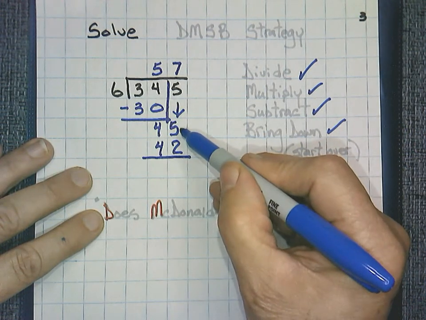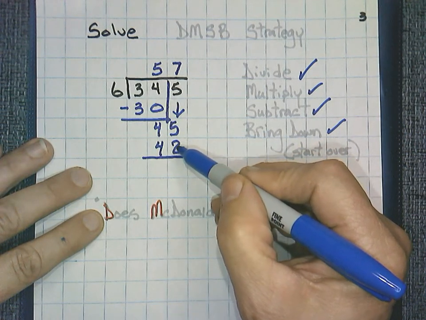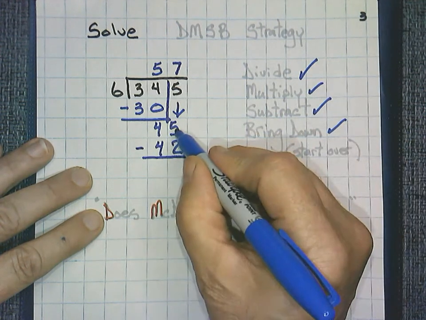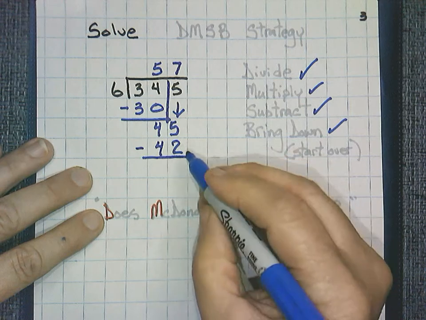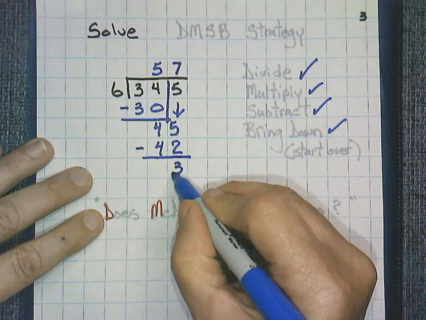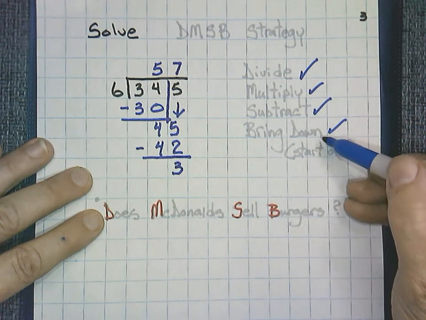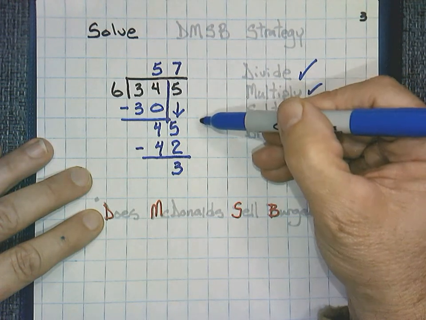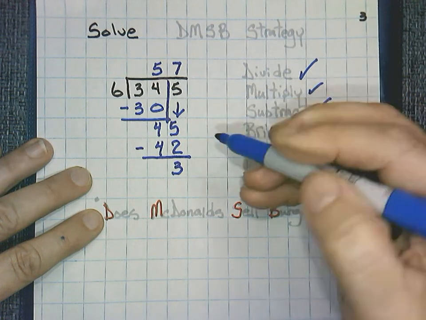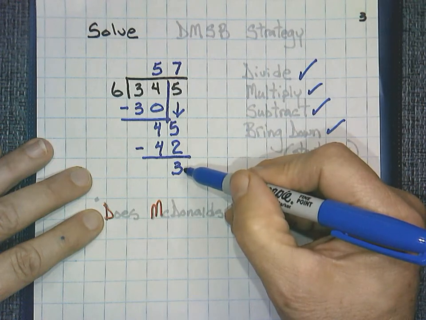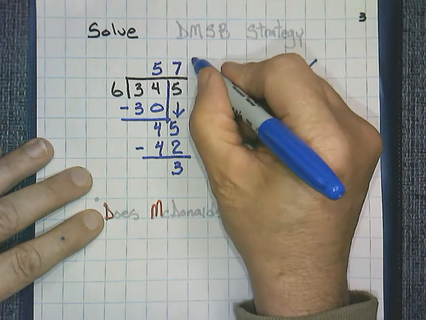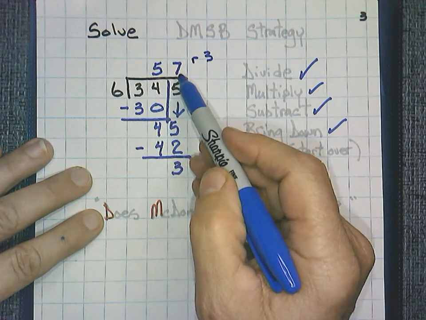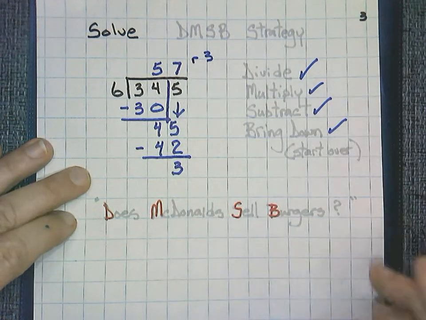We got close to 45, but we didn't make it. To find out how close is our next step, we subtract. 5 minus 2 is 3. Notice our next step is to bring down, but we have no more digits to bring down, so we can stop here. So this 3 will become our remainder. So our quotient is 57 with a remainder of 3.